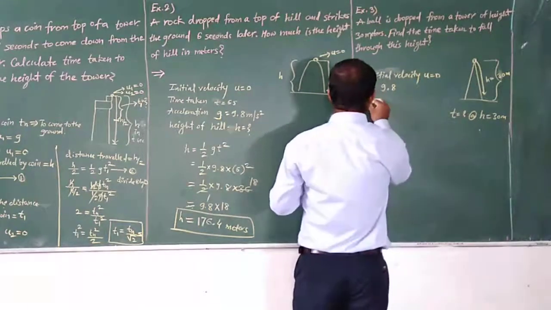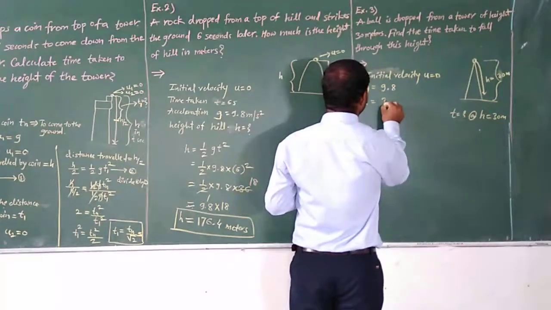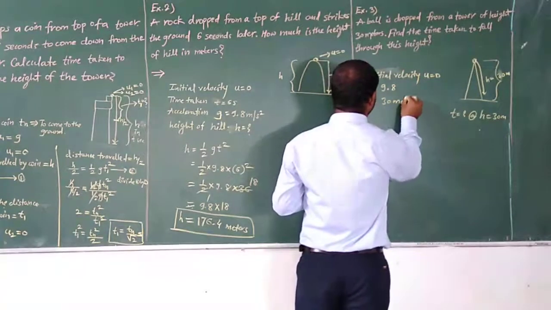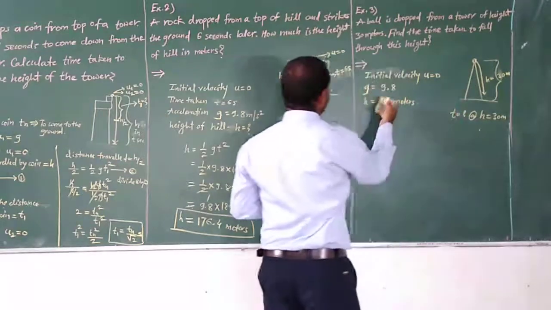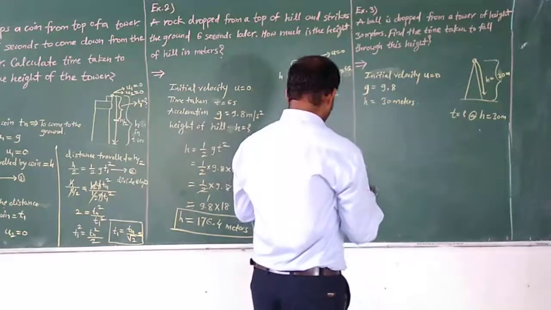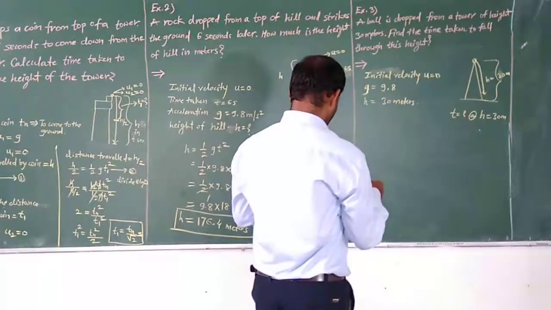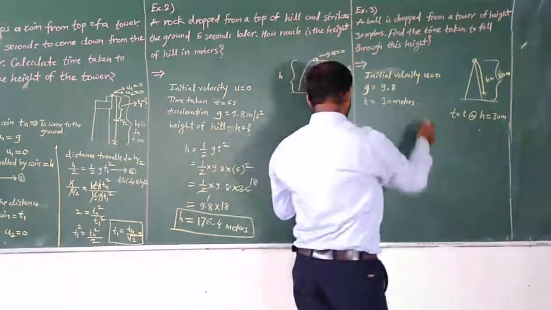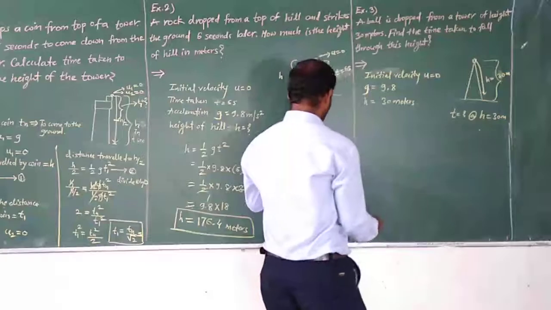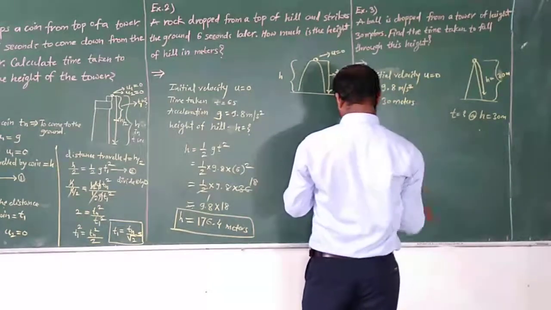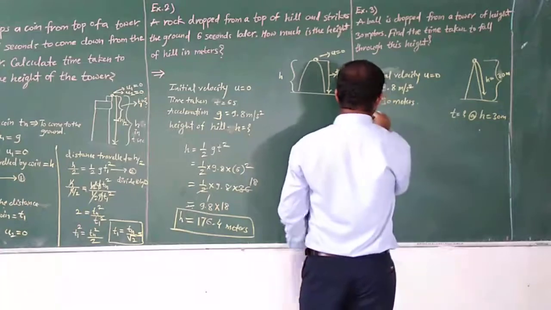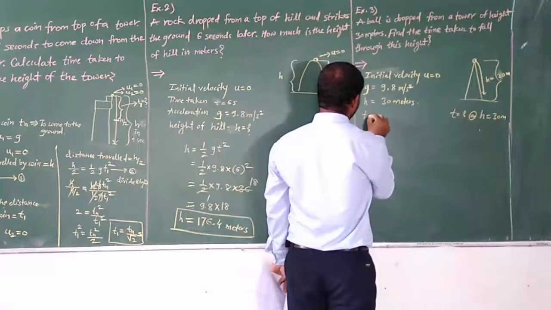Then height is given, h is equal to 30 meters. So the height of the tower is 30 meters, g is 9.8, and u is 0.